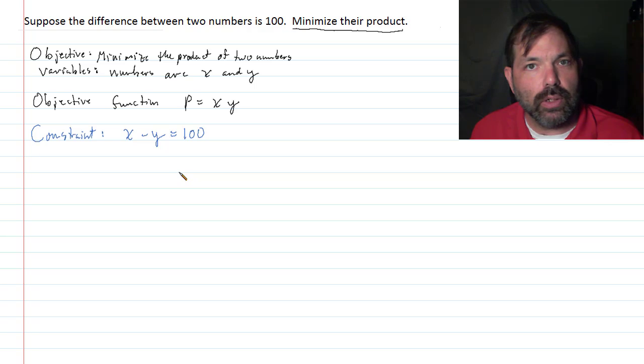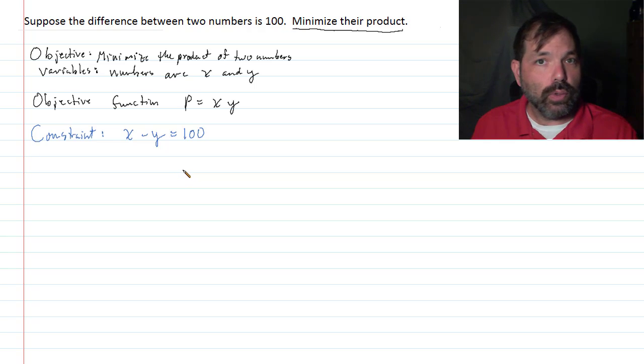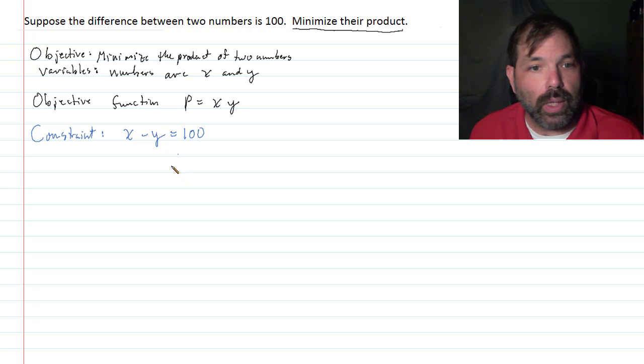So now what we can do is take this constraint and use it to substitute into the objective function to get that down to a function of one variable. So if x minus y is equal to 100, then if we add y to this side, we'd have to subtract 100. y is equal to x minus 100.